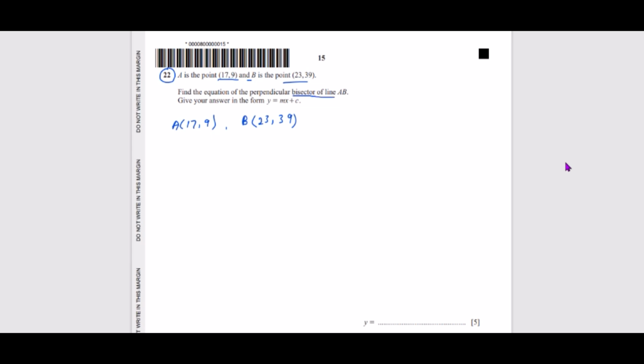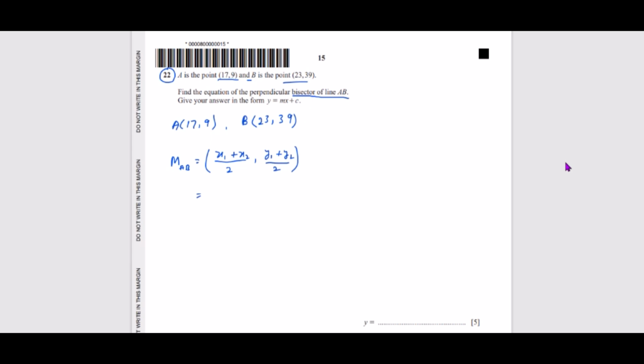First of all, we calculate the midpoint of this line. The midpoint formula is (x1 plus x2) divided by 2, comma, (y1 plus y2) divided by 2.